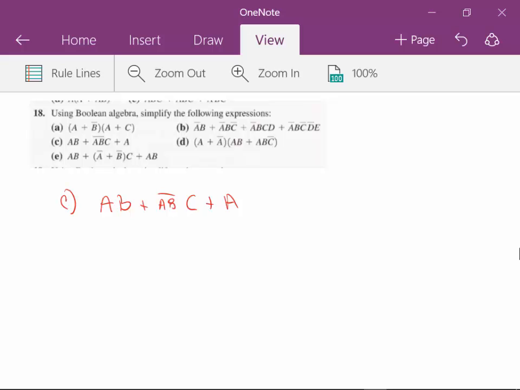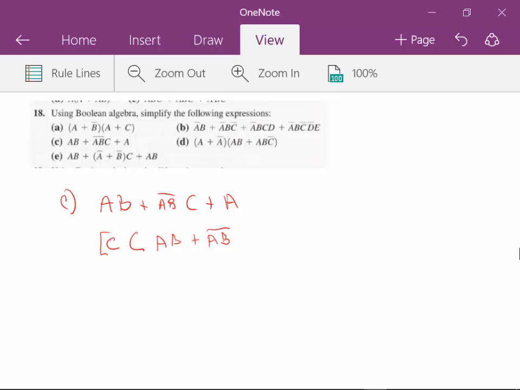And what I'm going to do to that there is I'm going to combine the first 2. And when I combine those, it's going to be C times A, B plus A B naught right there.